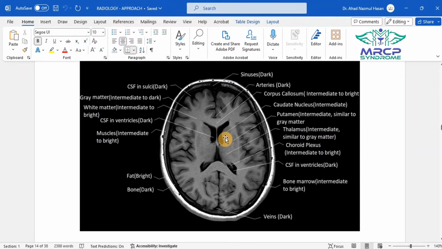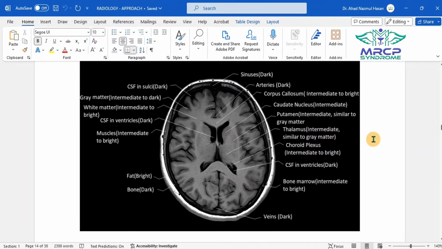So what is the name of this structure? This is the caudate nucleus. And this one? This is the globus pallidus, and this portion is also known as the putamen. So putamen and caudate nucleus.